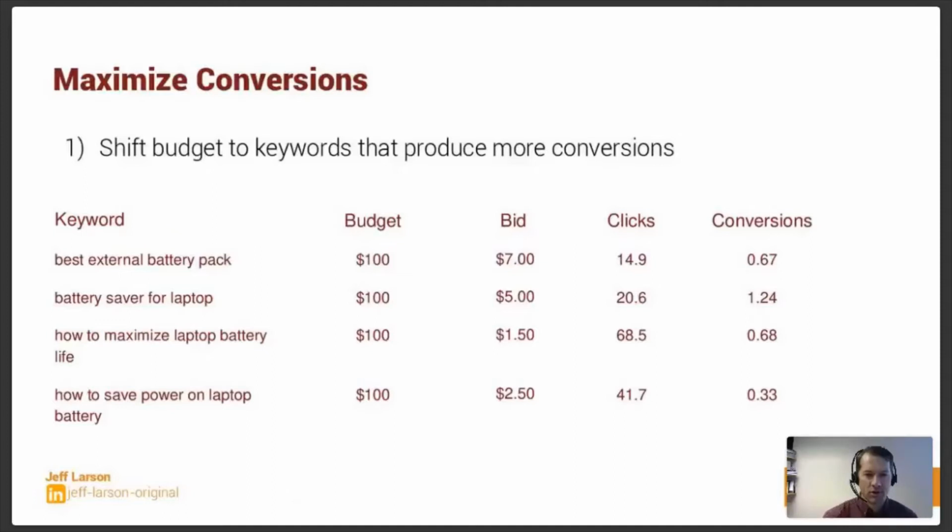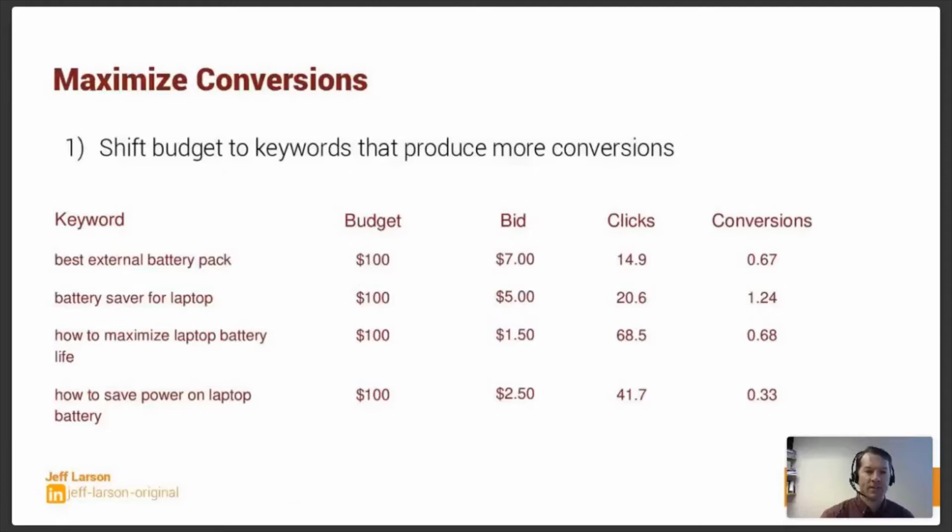The second keyword, if we put all $100 towards it at a bid of $5, we'd get about 20 clicks and more than one conversion per day because of our 6% conversion rate. Same exercise across the keywords. It makes sense to put all of our budget first to that second keyword. So that's what Google would do. As it learned the conversion rate and figured out that the second keyword had a much higher conversion rate, it would shift budget to that second keyword.